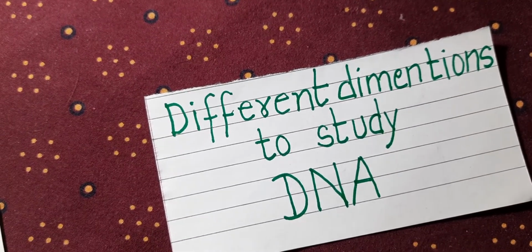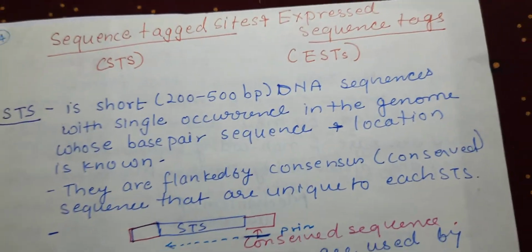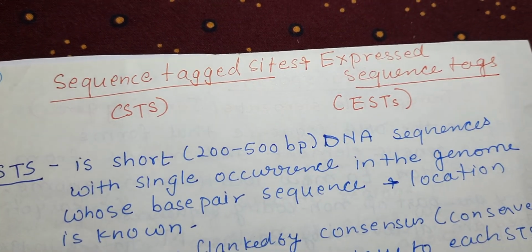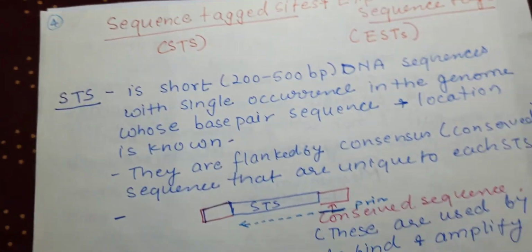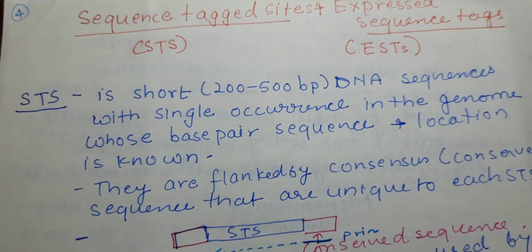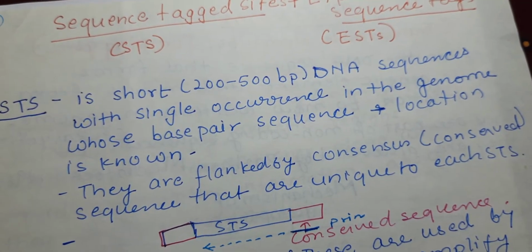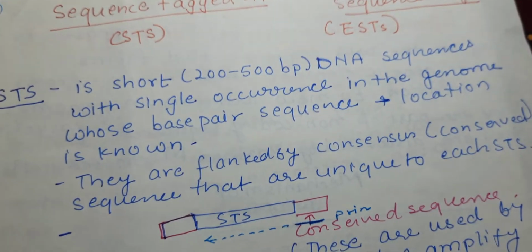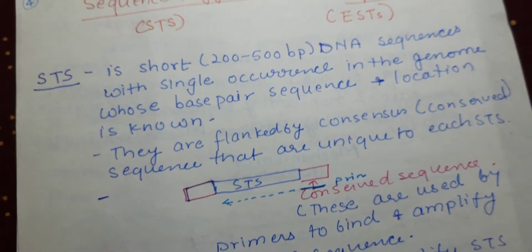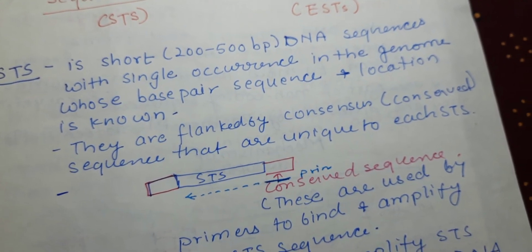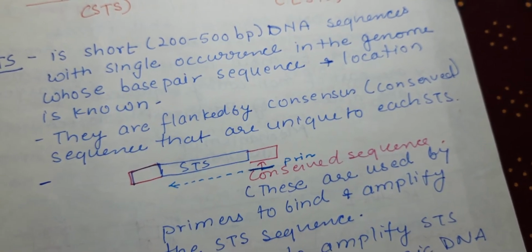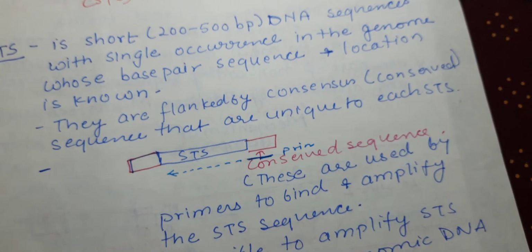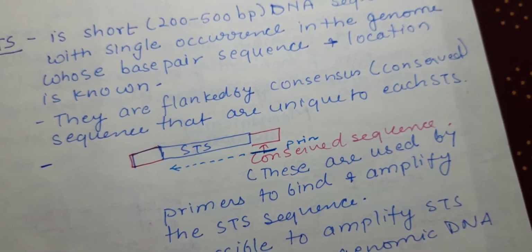Now we will see what sequence tag sites are. They are known as STS, and expressed sequence tags, ESTs. A sequence tag site is a short DNA sequence with a single occurrence in the genome whose base pair sequence and location are known. They are flanked by consensus or conserved sequences that are unique to each STS.